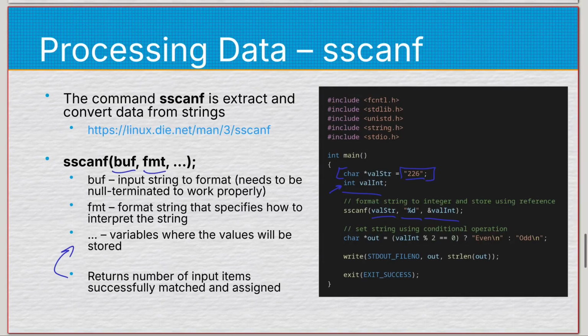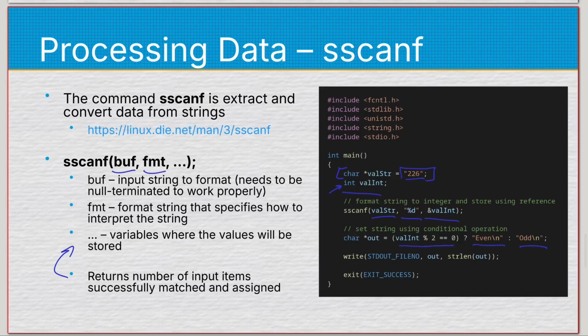And now I can do math. I have valInt modulo 2 equals 0 in a conditional operation. If this math here is true, then we will set out to even with a new line. And if it's false, then we'll set it to odd with a new line.